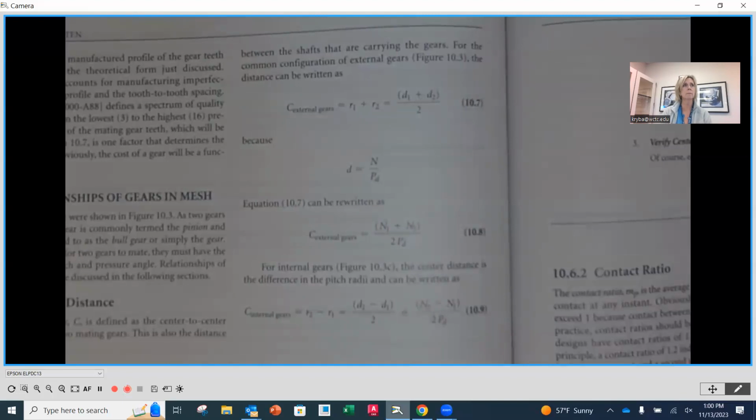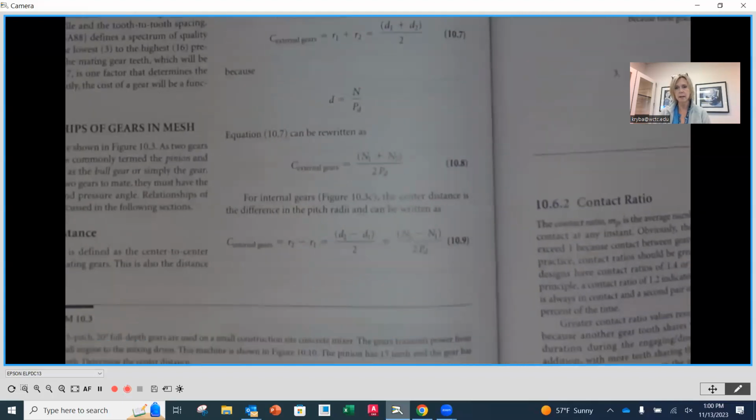Okay, and it's going to have more teeth on it, so it's usually going to be a larger diameter, larger radius in this case. So we would add the two radiuses together, or we could simply take the two diameters, add them together, divide by 2, and there would be our center distance as well. Okay, so what if we have the physical dimensions for the pitch diameters? We can use either one of these.